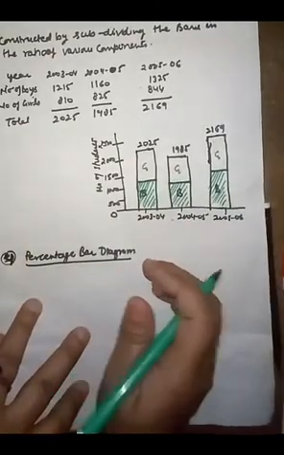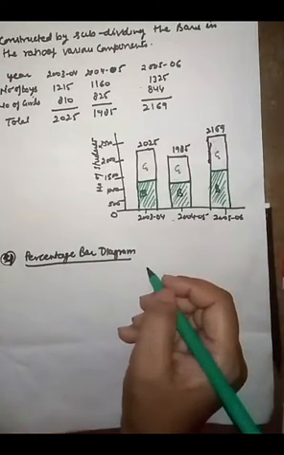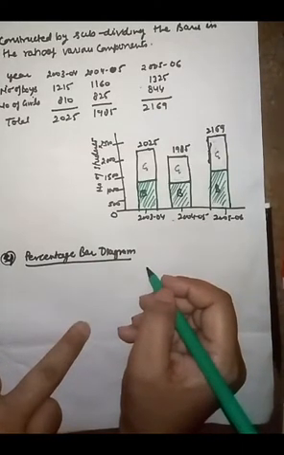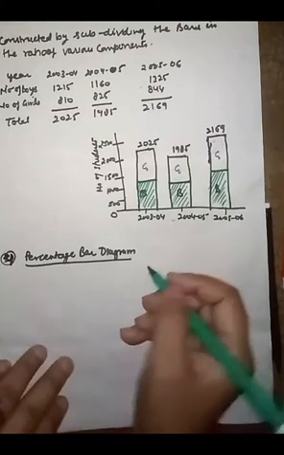If we write a proper definition: those diagrams which show simultaneously different parts of the values of a set of data in terms of percentage, right?